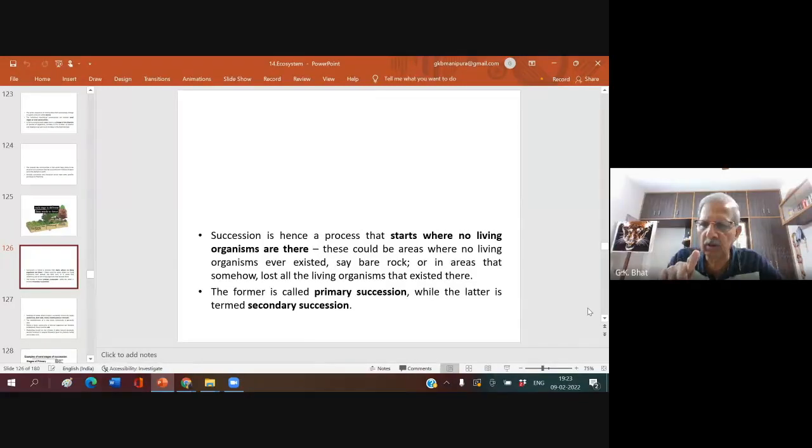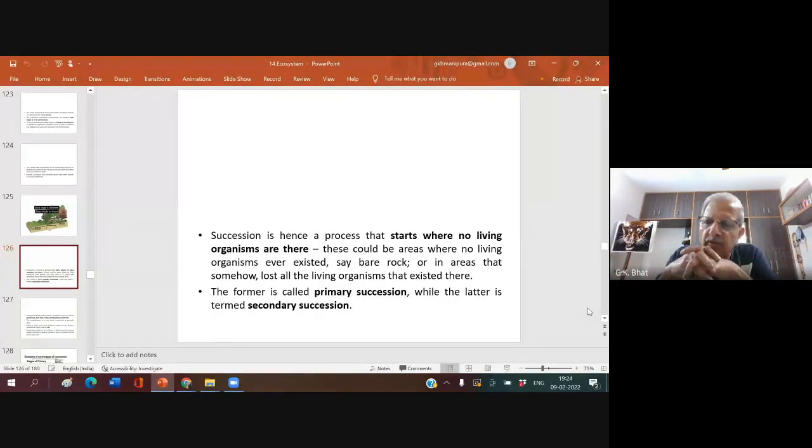A gradual, predictable change in the habitat and species composition in a given area. So whenever we say it is a gradual, orderly, predictable change, it is a change in the nature of the habitat, and also a change in the species composition.